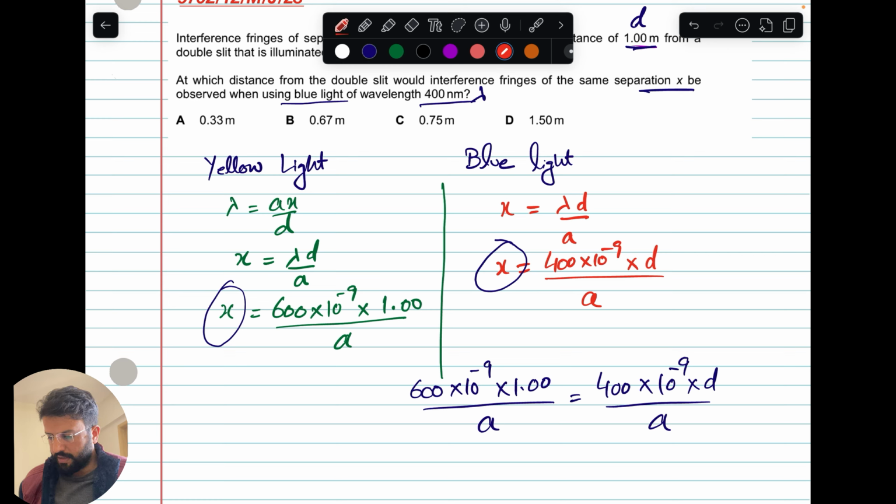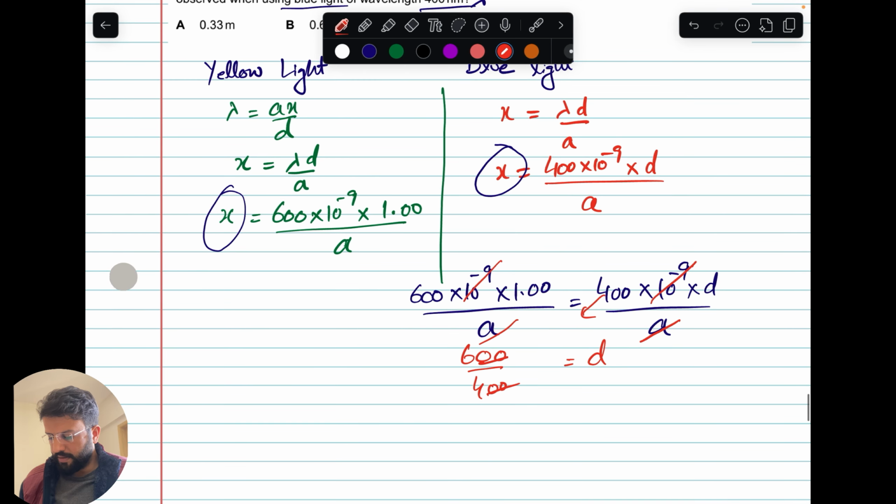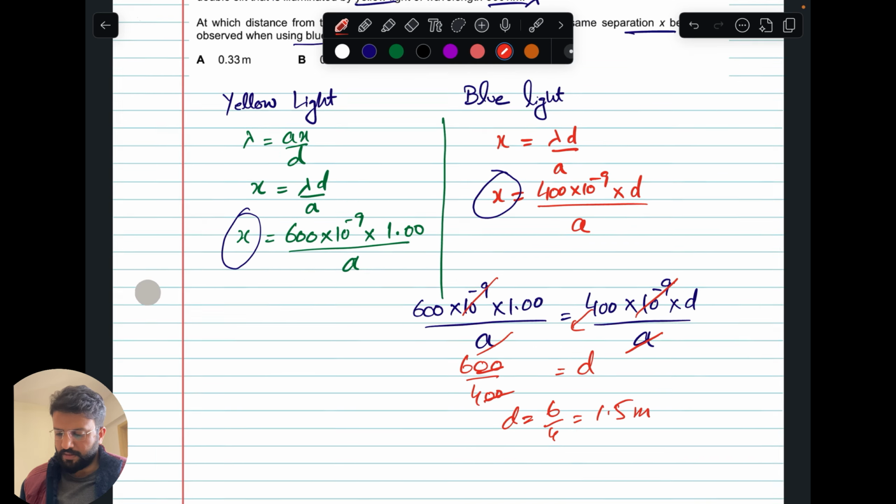This a will cancel out with this a, and the 10 to the power minus 9 cancels out too. So d can be written as 600 divided by 400. These zeros cancel, d is 6 by 4. That will give you 1.5 meters.